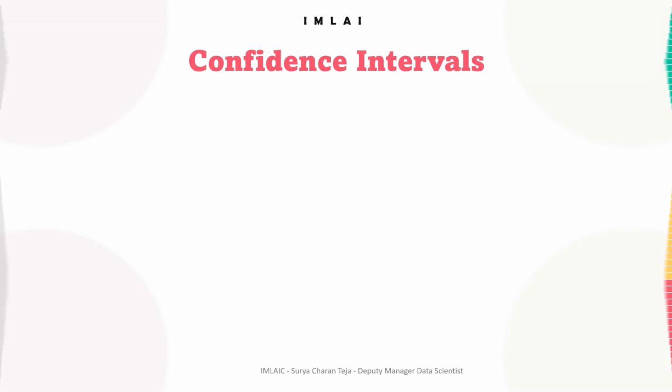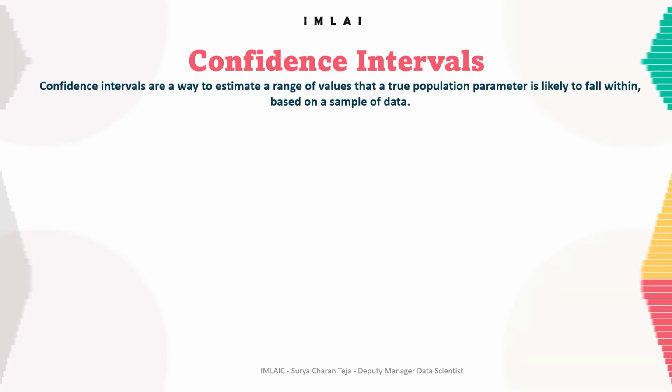Okay, so let's begin. So far, I think you might have seen frequency tables, histograms, box plots, and standard errors, which help us understand the potential error in a sample estimate. Confidence intervals are another one.